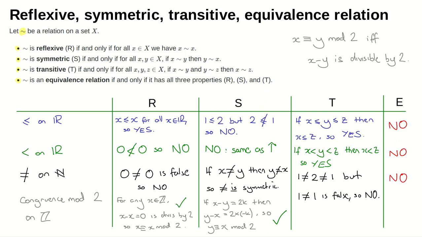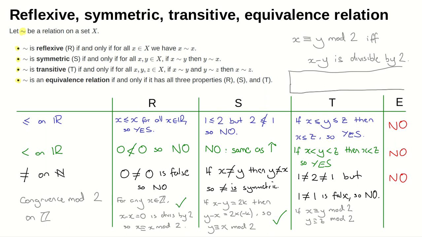And finally, for transitivity, if x is congruent to y mod 2 and y is congruent to z mod 2, well, let's just do a little bit of arithmetic at the top here.